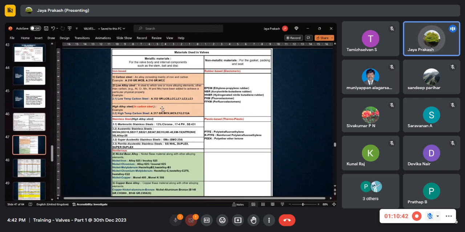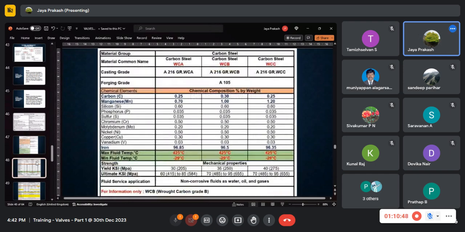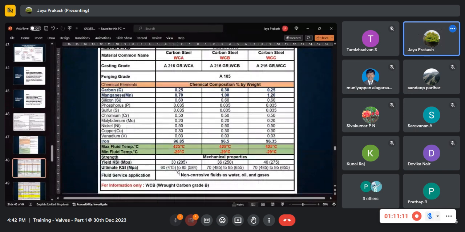I have taken all this for easy reference; it will be helpful. These are WCA, WCB, and WCC materials, A216 grade A, grade B, grade C. Here the chemical properties, yield strength, and tensile strength are given, and the fluid service application is also given.